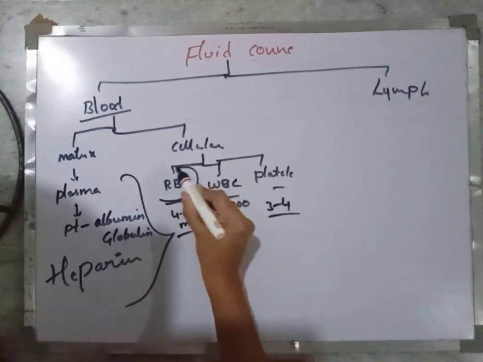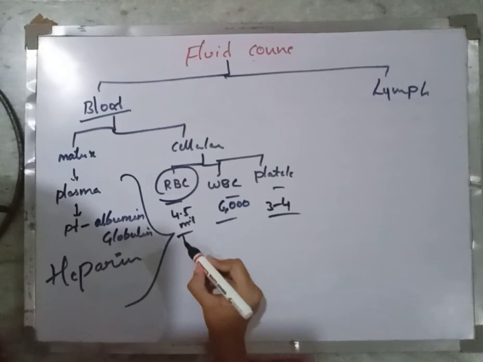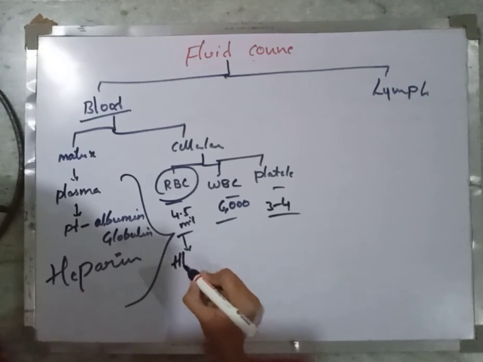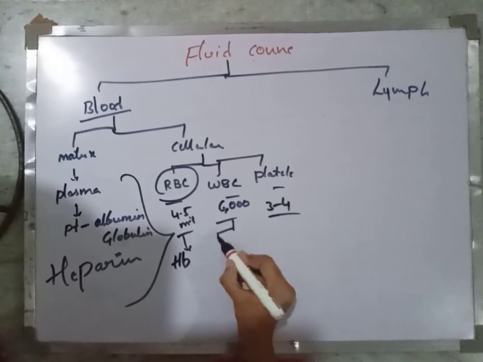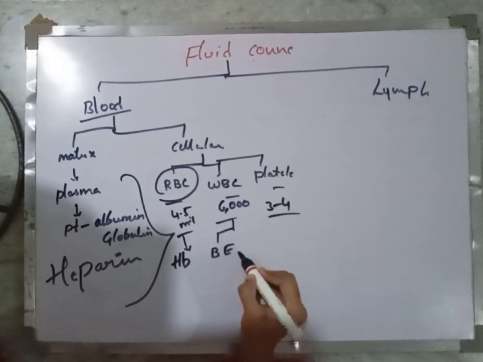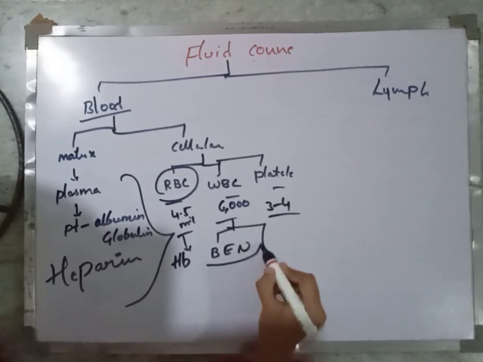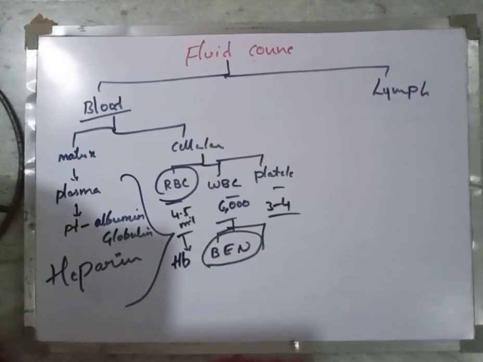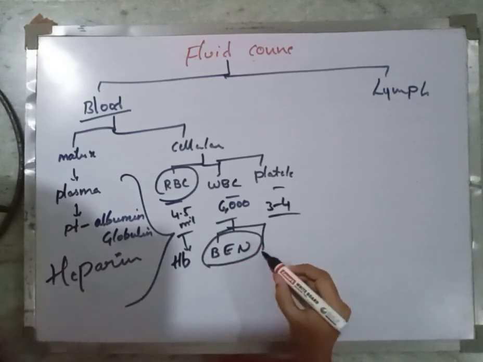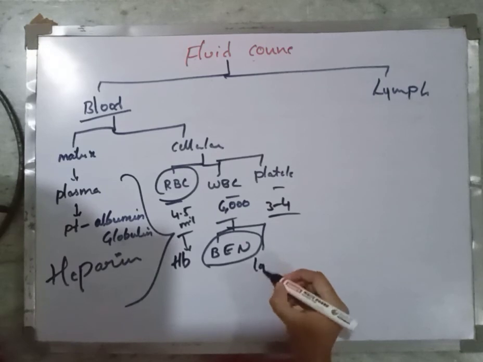The main function of RBC is that it contains the hemoglobin pigment, which is essential for carrying oxygen, and the WBCs include basophils, eosinophils, neutrophils. These basophils, eosinophils, neutrophils are called granulocytes, and the agranulocytes include lymphocytes and monocytes.